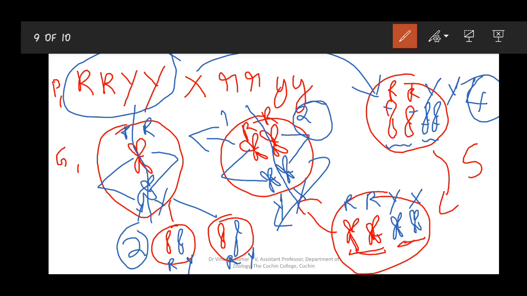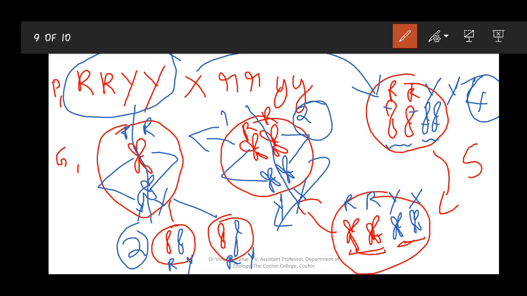So each sperm or each egg gets only 23 chromosomes, which is half. The same thing happens here. A single sperm or a single egg in humans contains 23 chromosomes. That is to be taken here.